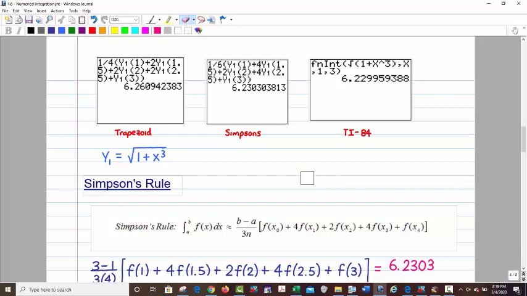It's not the right answer. Now the idea is the answers from the rules will be close to it. You can use the calculator as a check to see if your answer's close, but do not pick the calculator answer, because I'm designing this so that the answers on the test are the answers that you get by performing the rule. If that wasn't the case, then what's the point of me even doing the rule?